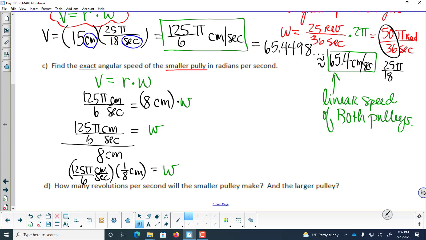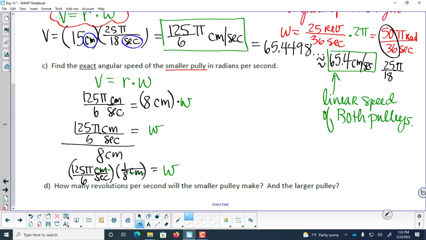Your centimeters is on the bottom. Yeah, you're dividing by 8, so it becomes 1/8, and the centimeters go on the bottom. Then the centimeters cross out, so it looks like it cancels, yes? Yes, thank you. Is that better? Yeah. Centimeters are gone. That's the idea, we make sure that those are the same units.